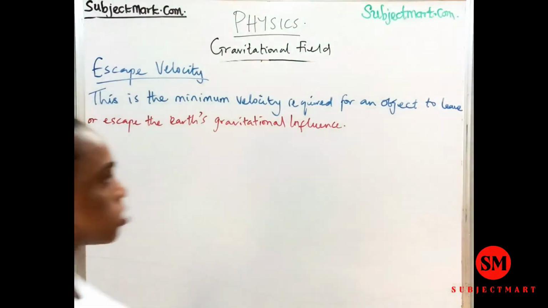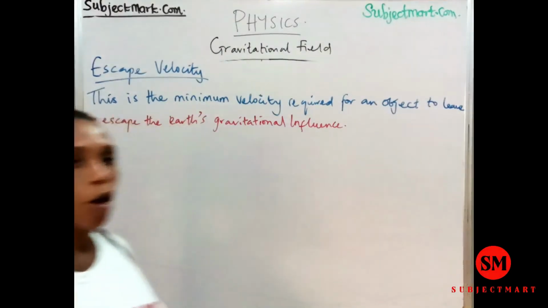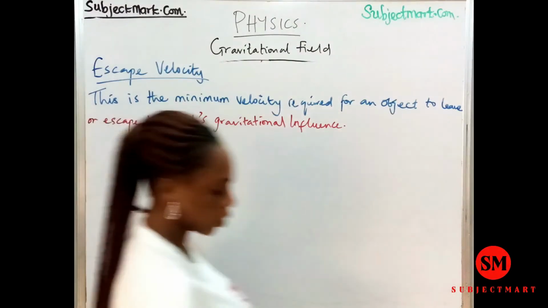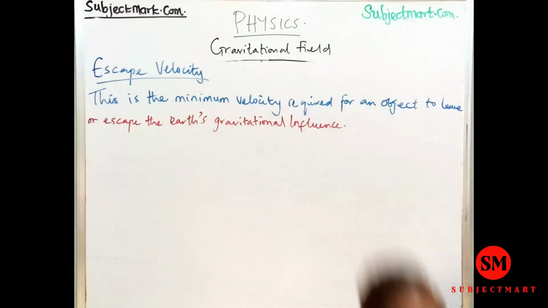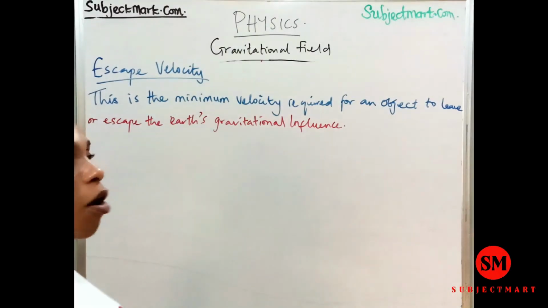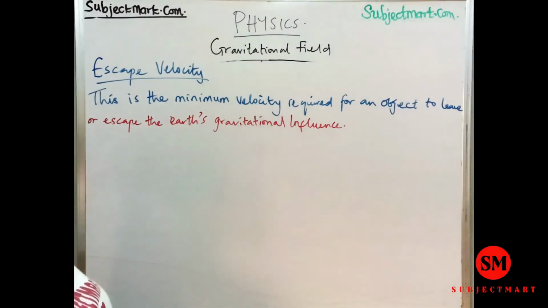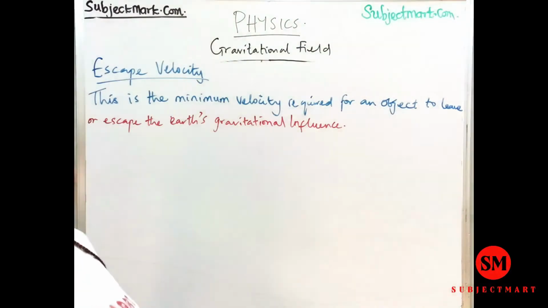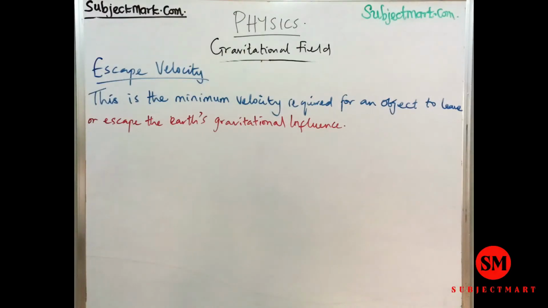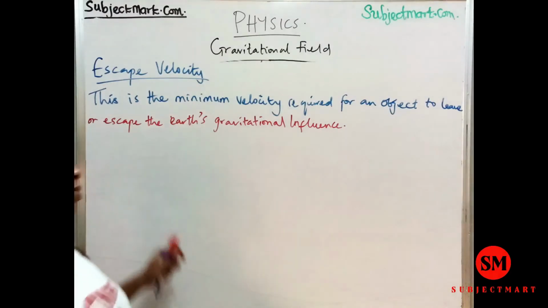This is the minimum velocity required for an object to escape the Earth's gravitational influence. That means for any object on the surface of the Earth to escape the influence of the Earth's gravitational force, a particular velocity is required, and that is what we call escape velocity.